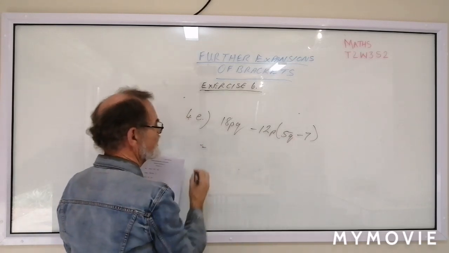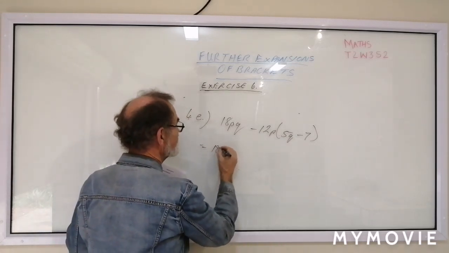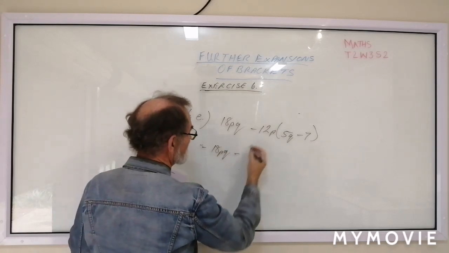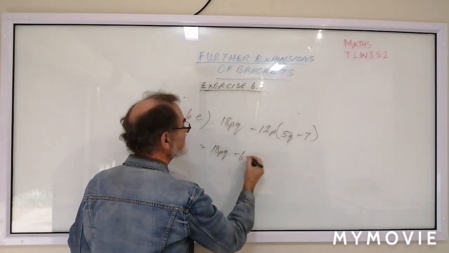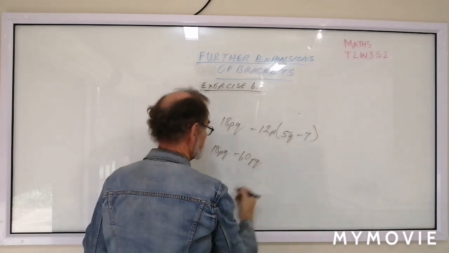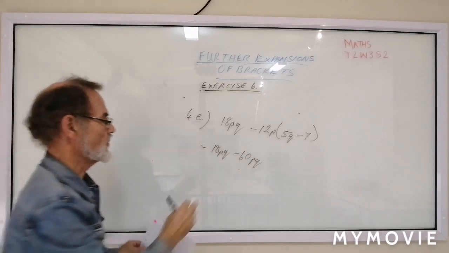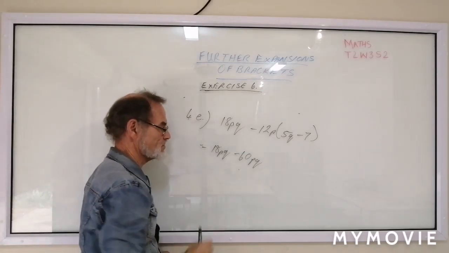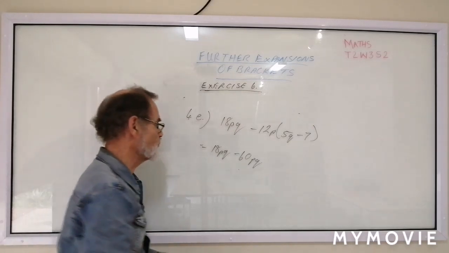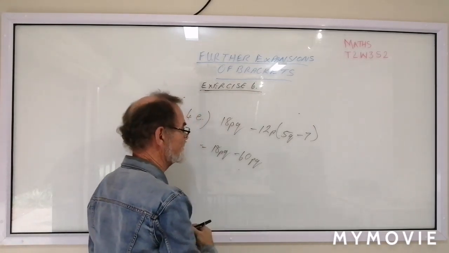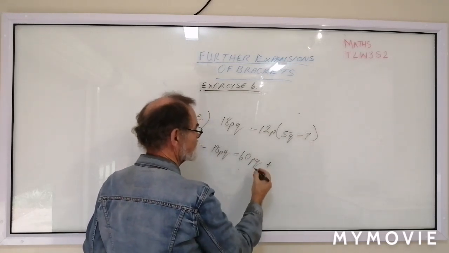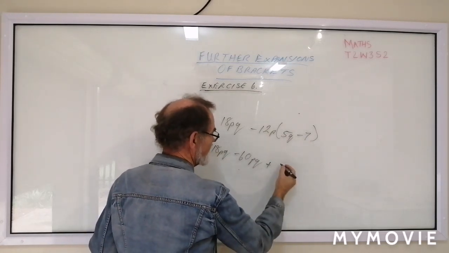This then works out, 18pq stays there. Multiplying 12 by 5 is 60, it's minus 60, and p times q is pq. Notice how I write pq. I can write qp as well, but I'm used to pq because your brain uses alphabetical order. But pq and qp is exactly the same thing. Then we multiply this minus by this minus, we get plus. 7 12s are 84.